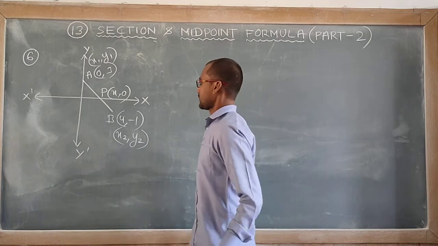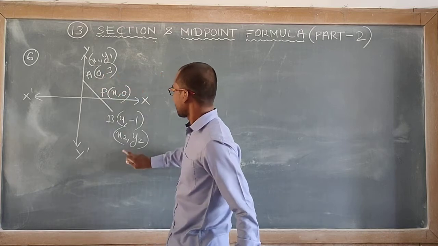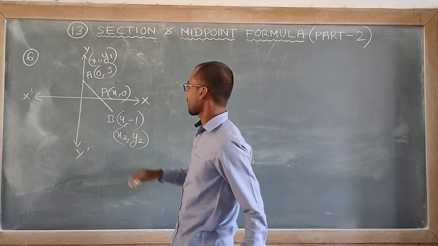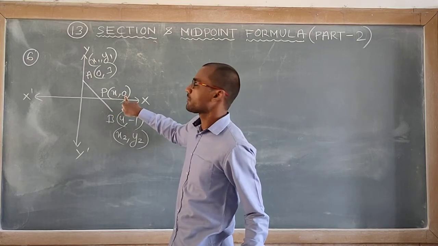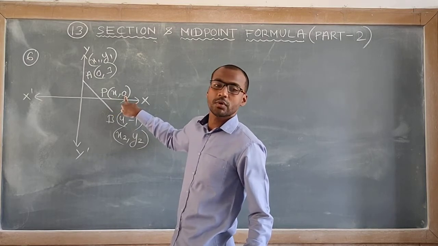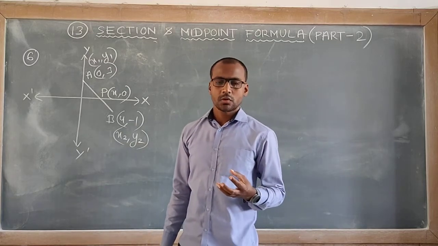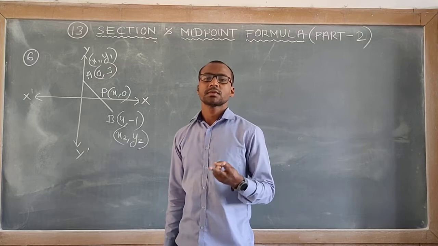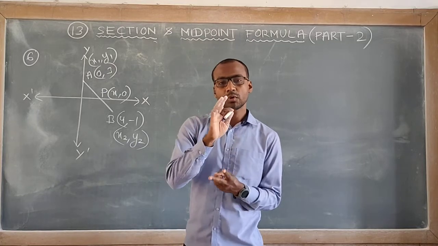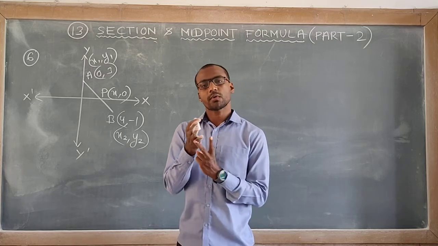First the ratio. x1, y1 we have, x2, y2 we have, but x we don't have, but we have y. So use the formula for y. Whenever you are asked to find the ratio, you will have 2 options, either the formula for x or the formula for y.